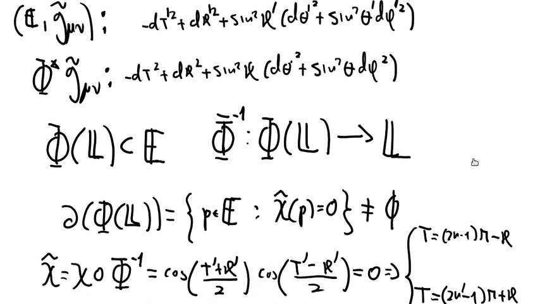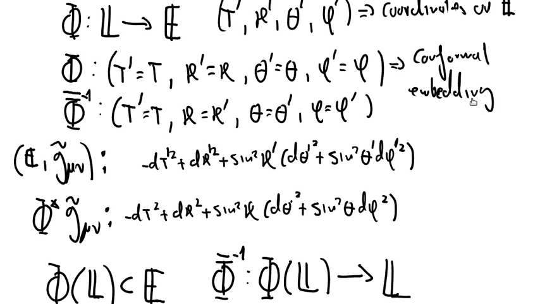If we go back and look at the line element of the Einstein static universe, there is a part of the line element which corresponds to the 3 sphere, so it means that the range of R prime is this, because it corresponds to one of the polar angles of the 3 sphere.